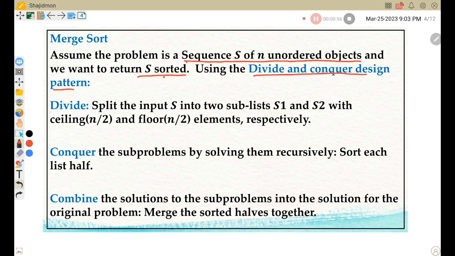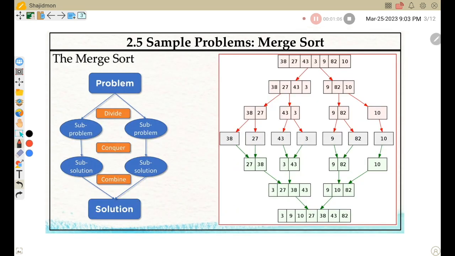First we divide the n unordered objects into two lists. For example, 38, 27, 43, 3, 9, 82 and 10. We have 7 numbers here, an unsorted list of 7 elements.